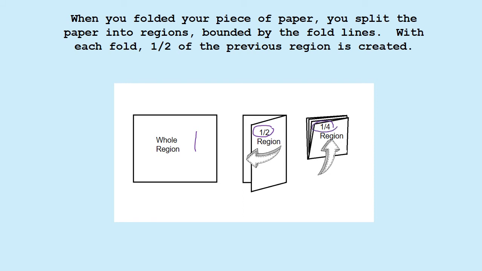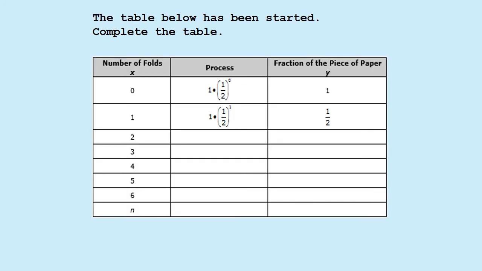Okay, so now instead of looking at how many layers I've got, I'm looking at how big the layers are. So if I look at this one, we're just going to go straight to the exponential notation. The first time, I had my one layer of paper. It's growing, or in this case, getting smaller by half, and I didn't fold it at all. So remember, anything raised to the 0 power is 1. 1 times 1 is 1.